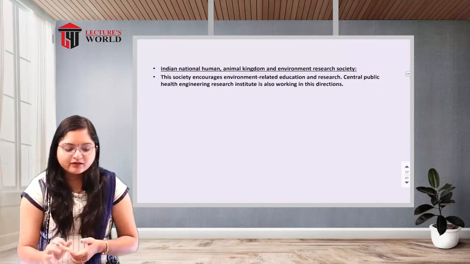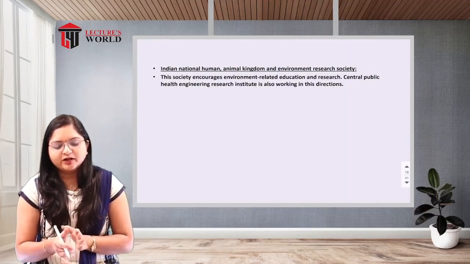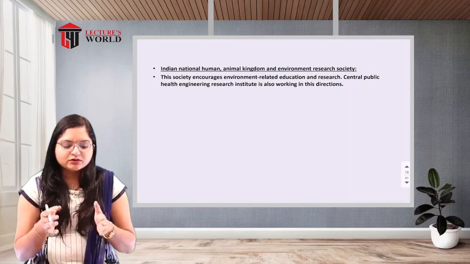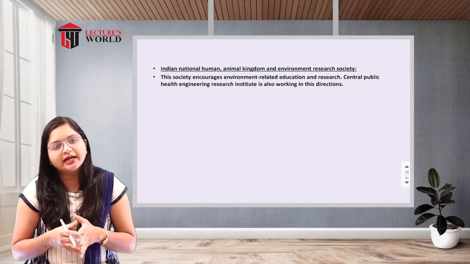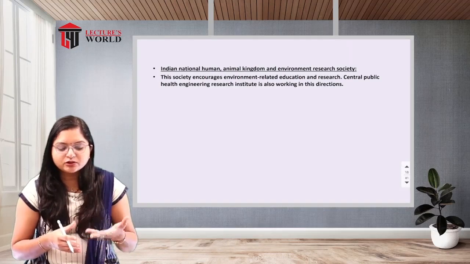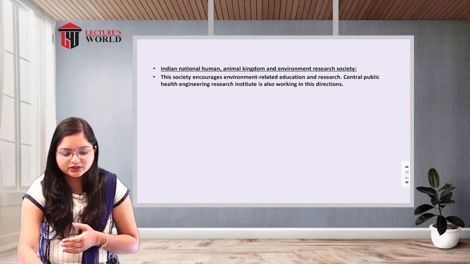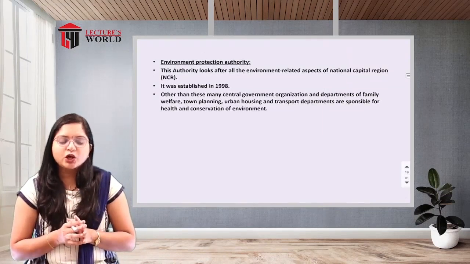Then we have the Indian National Human, Animal Kingdom and Environment Research Society. This society basically encourages environment related education and research. The Central Public Health Engineering Research Institute is also working under these directions. Next comes the Environment Protection Authority.